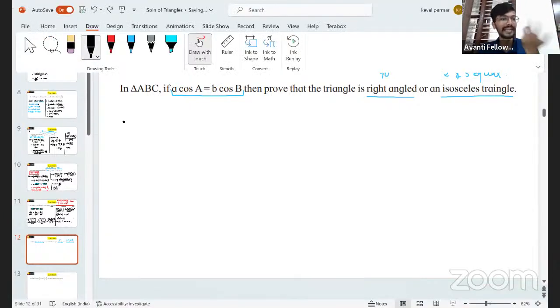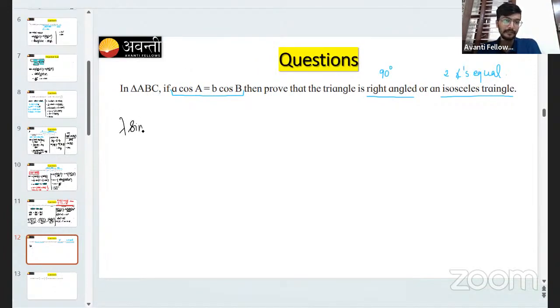What is better than the sine rule? I can write it as lambda sine A into cos A is equal to lambda sine B into cos B. Here lambda and lambda will get cancelled. Now see a very interesting step.